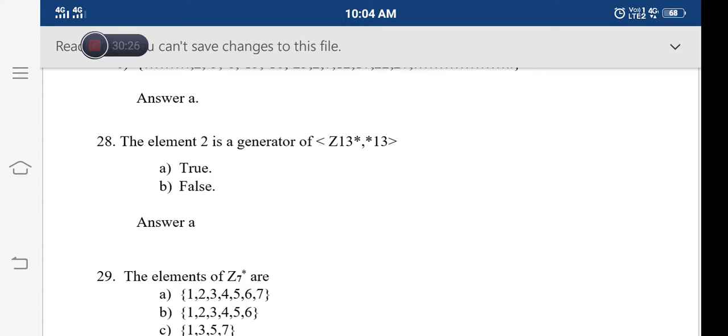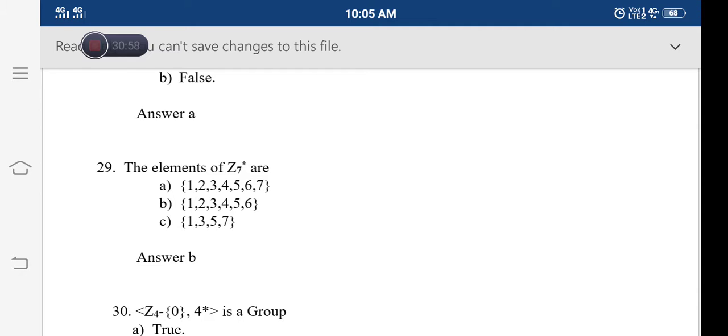You'll be continuing till you get the answer equal to 1. Or another way is, we have one more property where I'll be finding the prime factors of 13 minus 1, that is 12. Then I will check whether these prime factors will divide the values. We have two ways of checking for this. So the answer is true.